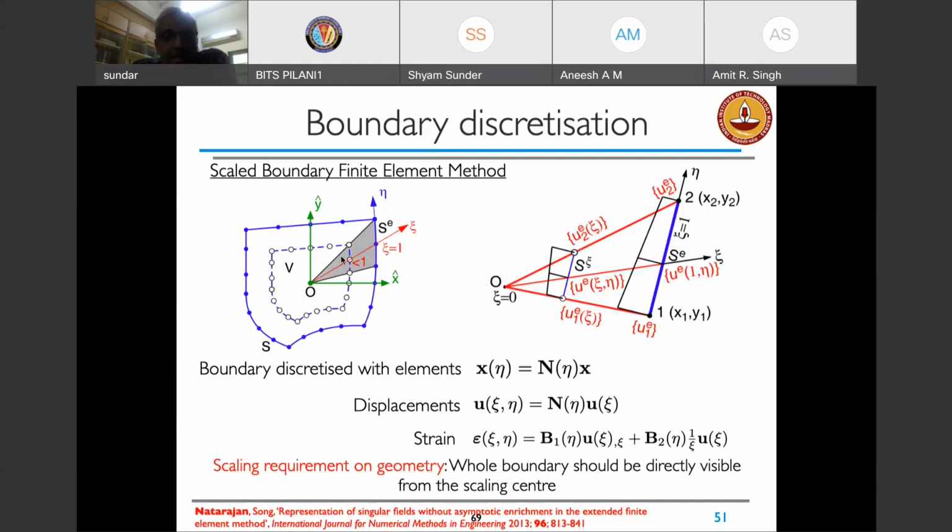So xi goes from 0 inside the domain to 1 outside on the boundary, and eta goes around the boundary, right? So the discretization is now done only on the boundary, and within the domain you get an analytical solution. That's the reason why it is called a semi-analytical method.